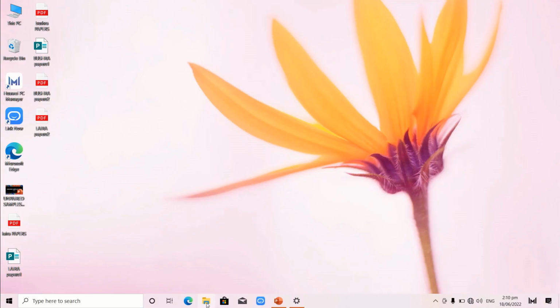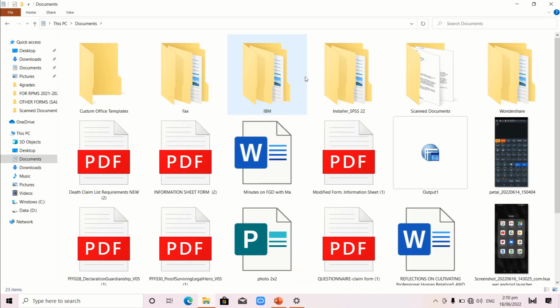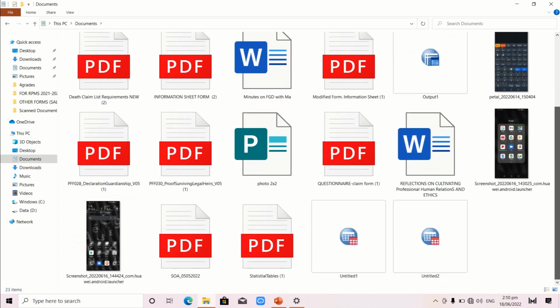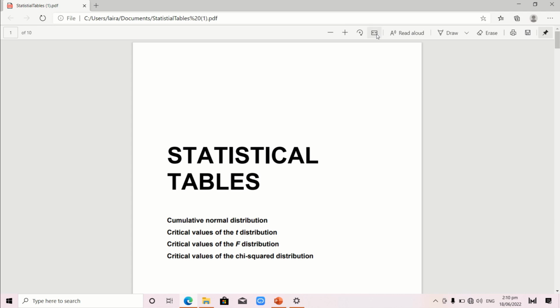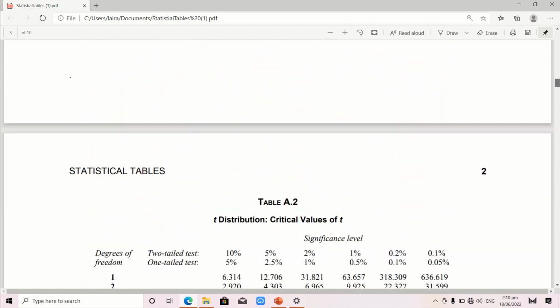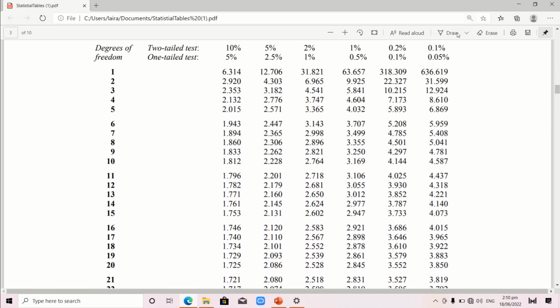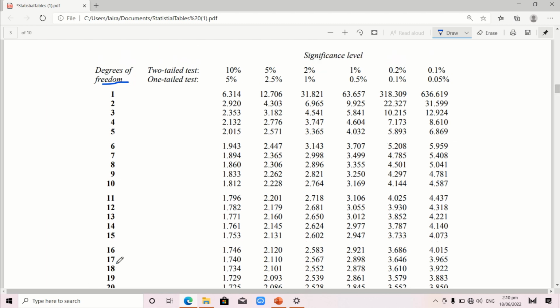Let us look at our t-table to determine what our critical t-value is. So our critical t-value based on our t-table is, again, our degree of freedom is 18. So let's look at the column for the degree of freedom, which is here. So our degree of freedom is 18, and 18 is here.